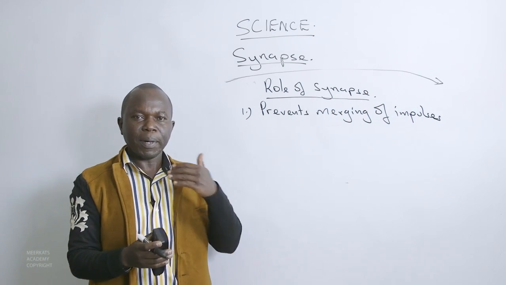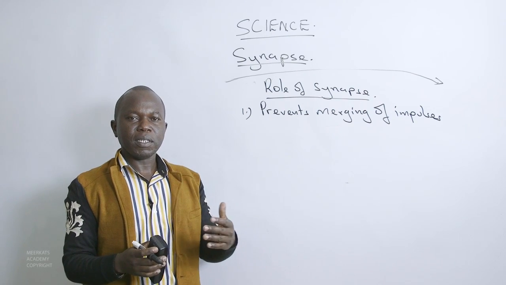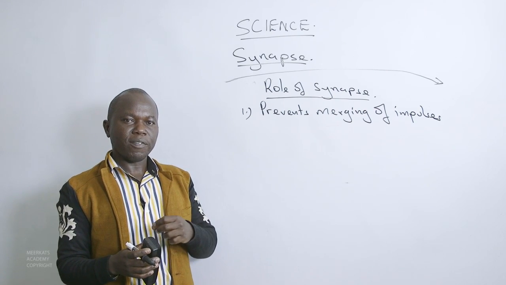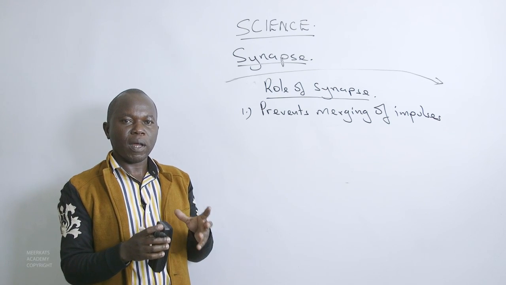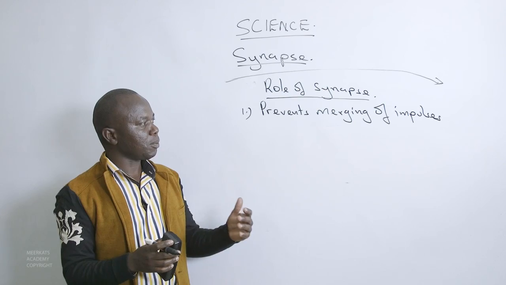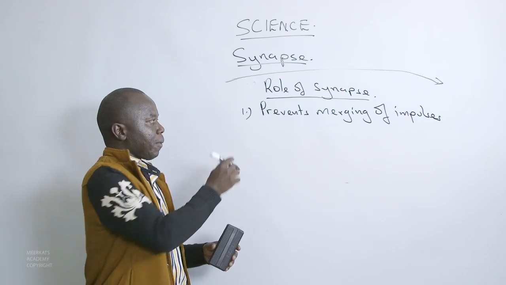So that one impulse that comes, or one stimulus that is detected a short while after another, is not interpreted as one. Otherwise, the body will not be able to respond to it appropriately.